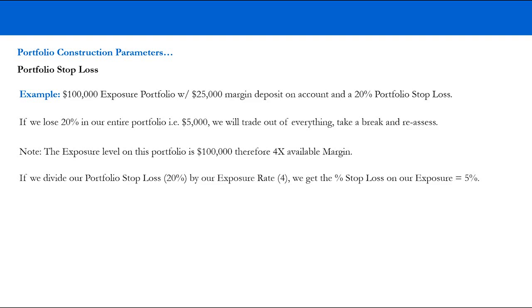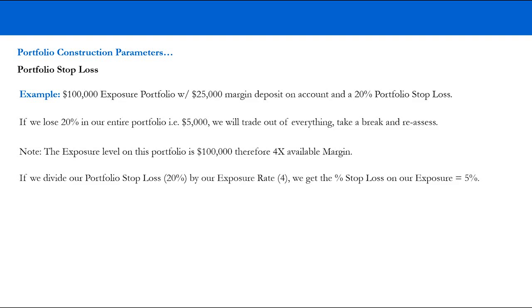Note here that the exposure level on this portfolio is $100,000, so it's 4 times the available margin. And what we can do here is we can work out that if we divide our portfolio stop loss of 20% by our exposure rate, so the 4, we actually get the percentage stop loss on our overall gross exposure, our overall portfolio.